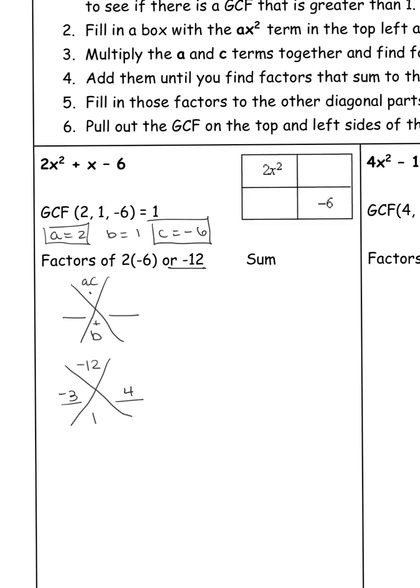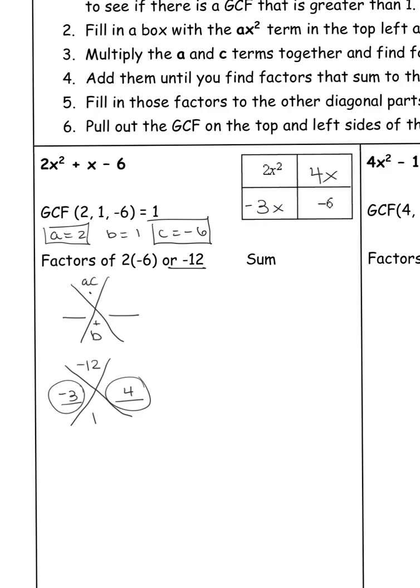So here's where we have to take it a step further from when we factored trinomials with a equals 1. Instead of just simply saying, hey, I have x minus 3, x plus 4, I'm actually going to take these two factors and plug them into my box. All right. So remember when we multiplied, we could see that negative 3x and 4x are like terms.